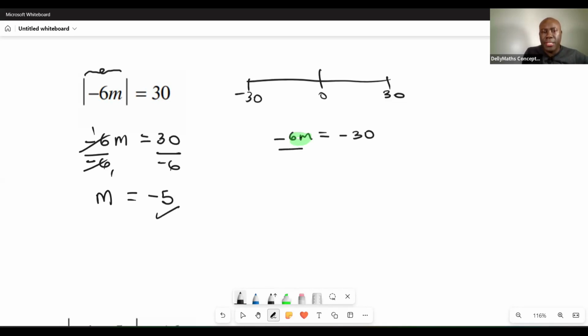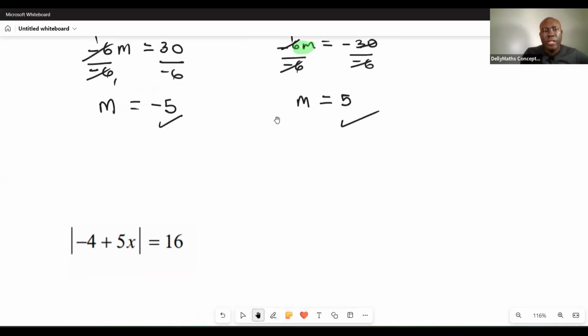If I divide both sides by negative 6, on my left side negative 6 cancels itself, 1 times m is m. But negative 30 divided by negative 6 will give us 5, so this is positive 5. So we have negative and positive 5 as our two answers.